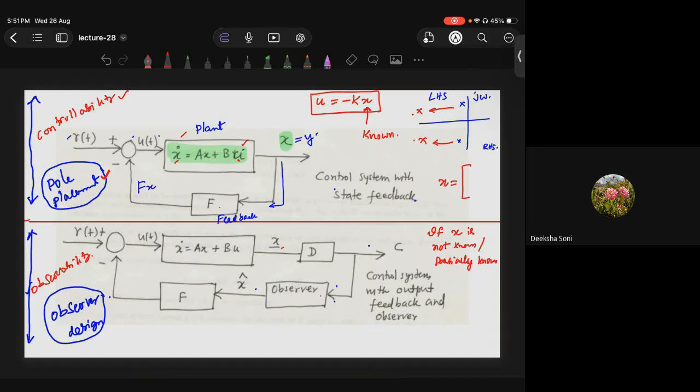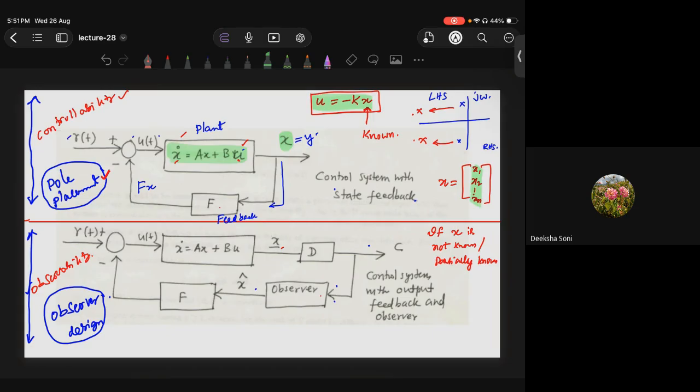Here x is nothing but the state vector x1, x2, up to xn. Not known means we don't know any of x1, x2, up to xn. Partially known means we will know only x1, x2, and we don't know the other values. In that case we cannot implement this, because this equation requires complete x, but we don't know that.